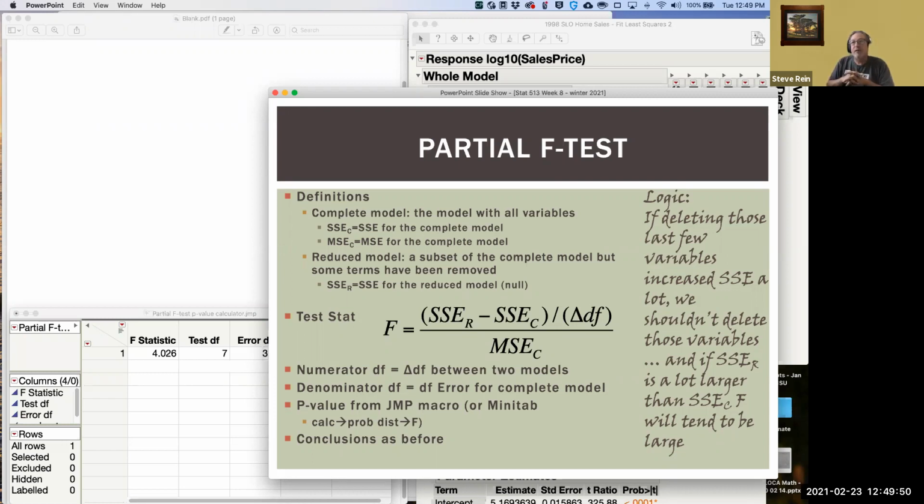It's a way of, rather than doing multiple tests, each of which has a 5% rate of type 1 error, like if you had to do 10 tests, each of which had a 5% rate of type 1 error, there's about a 50% chance that at least one of those 10 variables will appear statistically significant. This is a more parsimonious way of checking at least one of them. Hey, is one of them helping me? Or do none of them really prove themselves? So we can with fewer tests, check more terms simultaneously.